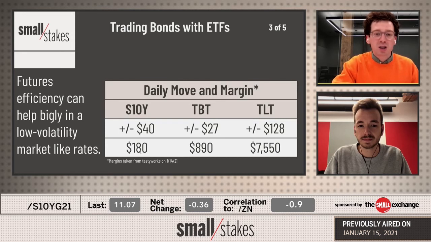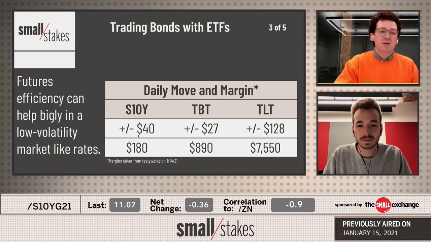I don't want the cheapest one here, Michael, so that now I can do almost 10 of these S10Ys and still have less margin than TLT. No, it's a matter of, oh, I've got a cheaper option here so that I can diversify everywhere else.